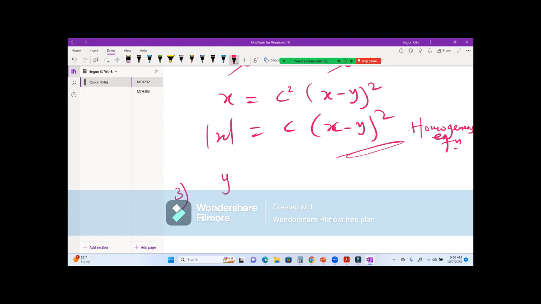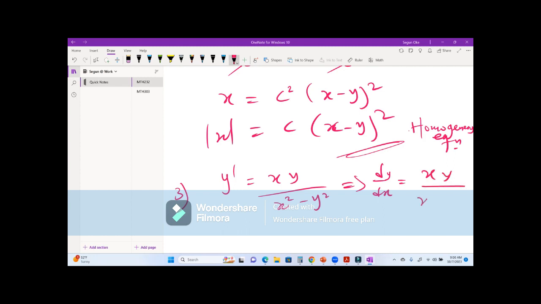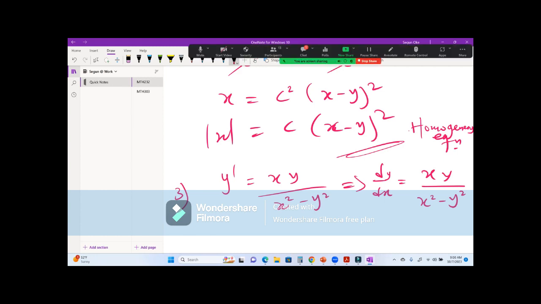We have y prime equals xy over x squared minus y squared. Remember, y prime is what? dy/dx equals xy all over x squared minus y squared. Are you getting it?